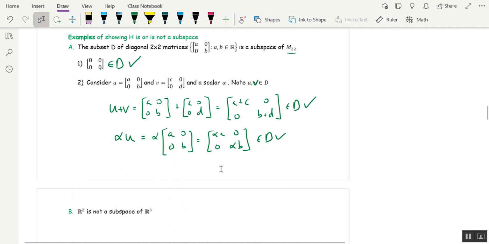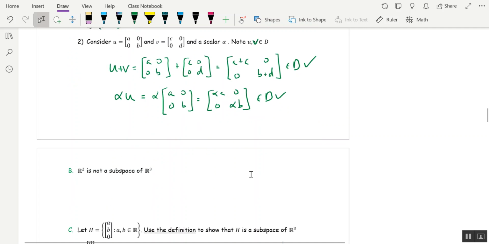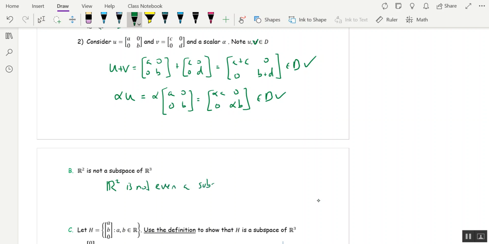Okay, R2 is not a subspace of R3. This always comes as a shock to some students. R2 is not a subspace of R3. Here's why. R2 is not even a subset of R3.